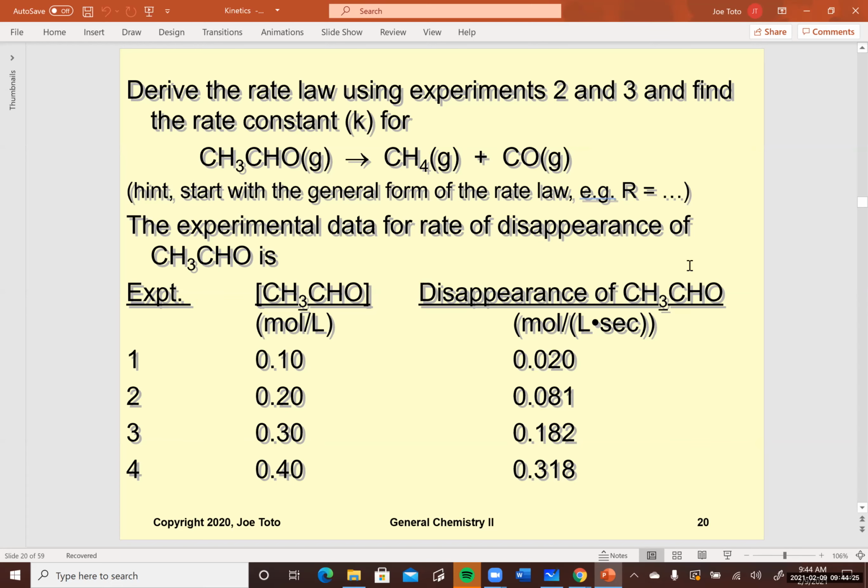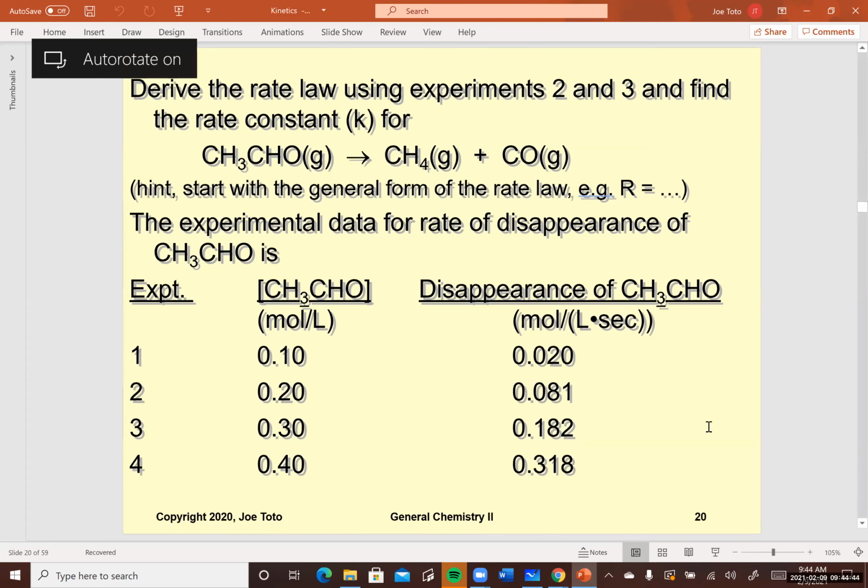And so we talked about this one in particular, how you can use the eyeball method to say, oh, okay, we have all these experiments, and I see that if I just look at experiment 1 or 2, the concentration doubles, the rate quadruples, so it's second order.